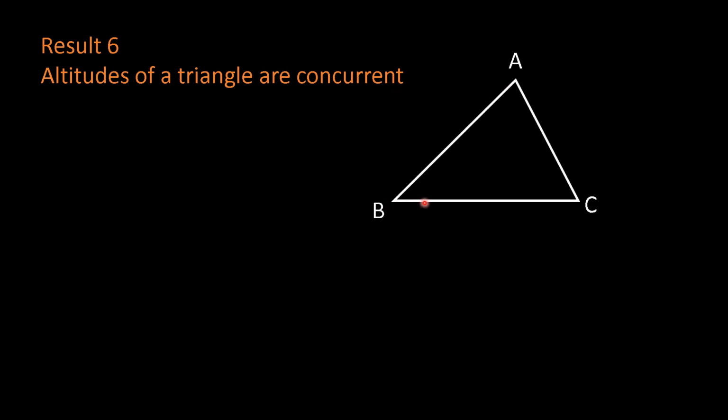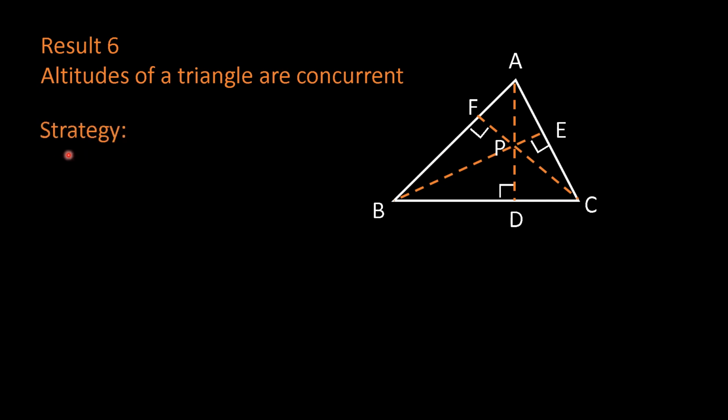In result 6, we will show altitudes of a triangle are concurrent. In triangle ABC, altitude AD, altitude BE, and altitude CF pass through the same point P, known as the orthocenter.